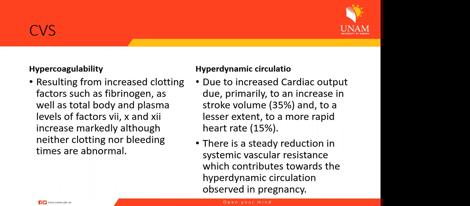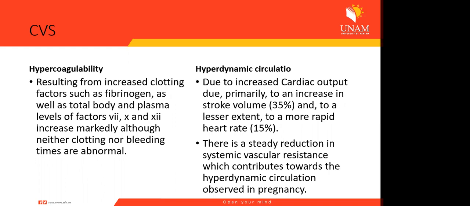All this leads to a hypercoagulable state. And don't forget the venous stasis that can occur. So these patients are predisposed to thromboembolic events. But note that although all of this increases, it does not actually lead to an abnormality in clotting or bleeding times.